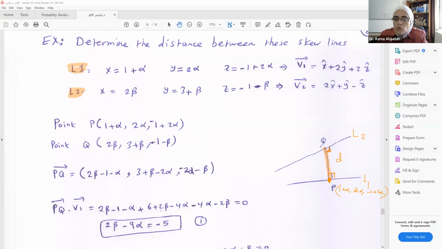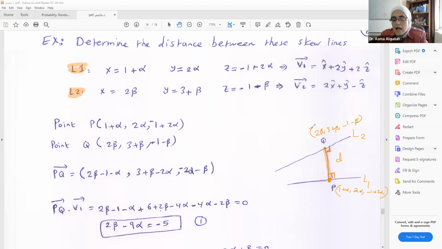And we assume another point Q that lies on L2. The coordinates of Q are 2 beta, 3 plus beta, and minus 1 minus beta.